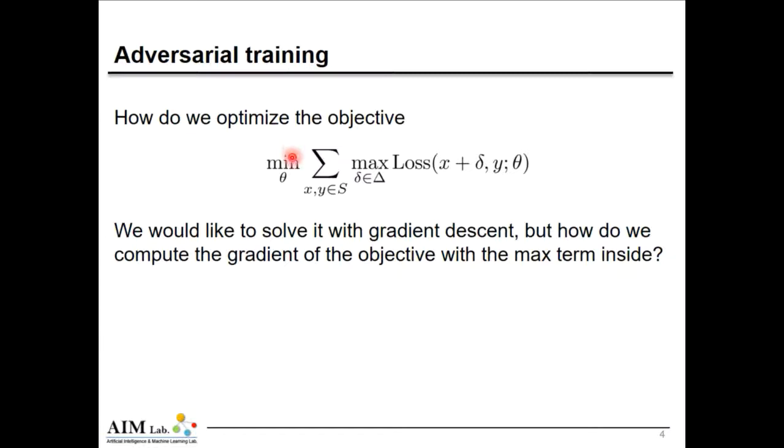Since we know that standard training creates networks that are susceptible to adversarial examples, let's just also train on a few adversarial examples. Now we would like to be able to optimize this with gradient descent. But how do I take the gradient of this term when it involves a max term inside? How do we go about computing this inner gradient?